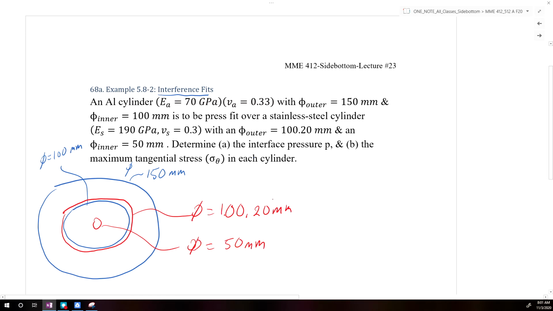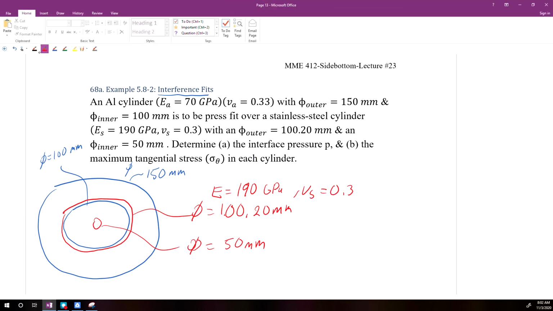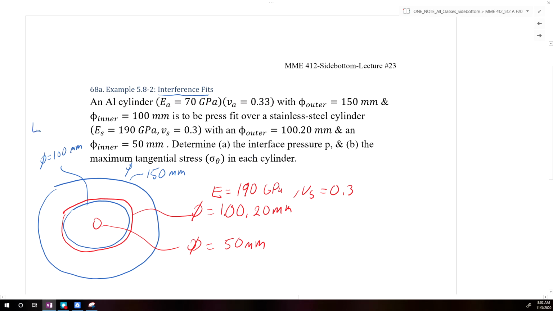We know that the elastic modulus is going to be 190 gigapascals, and the Poisson's ratio is 0.3 for steel, while for aluminum, the elastic modulus is equal to 70 gigapascals, and the Poisson ratio is equal to 0.33.